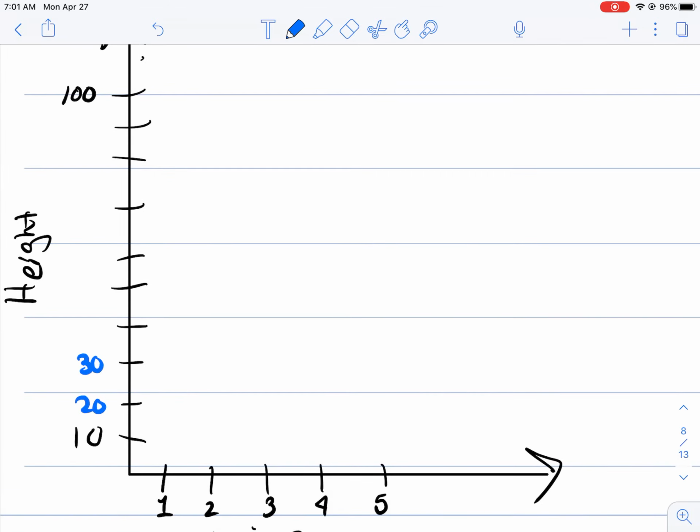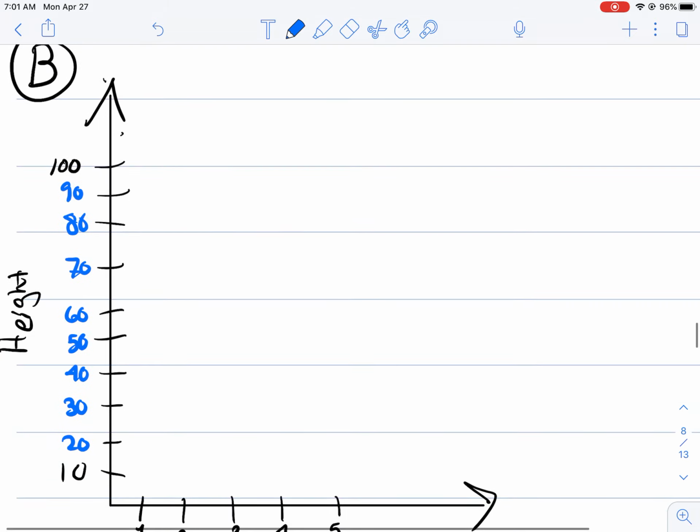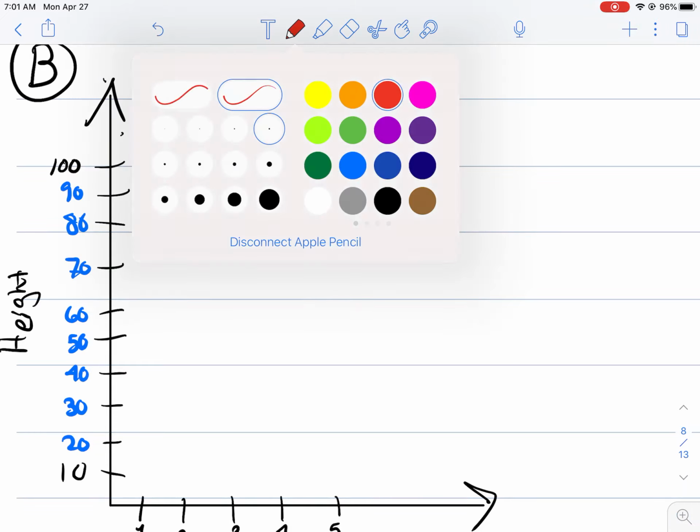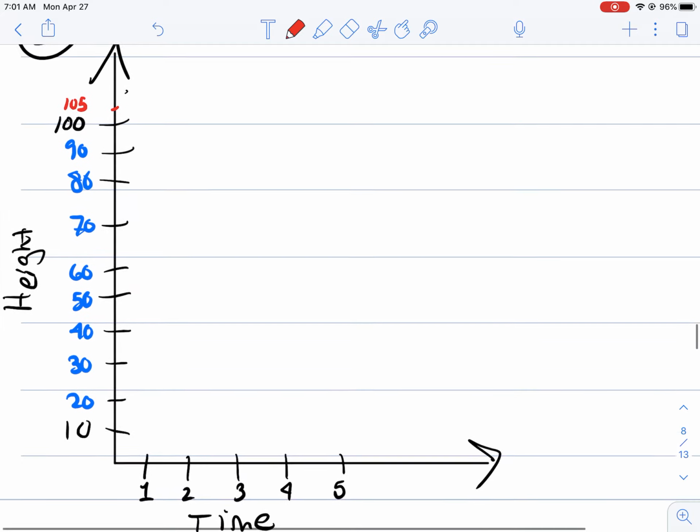I'm going to go ahead and finish marking the y-axis. So there's 20, 30, 40, 50, 60, 70, 80, and 90. So it's a quick reference. And we know that the vertex is the point 2.5, comma 105. So I'm going to mark 105 about halfway above 100.